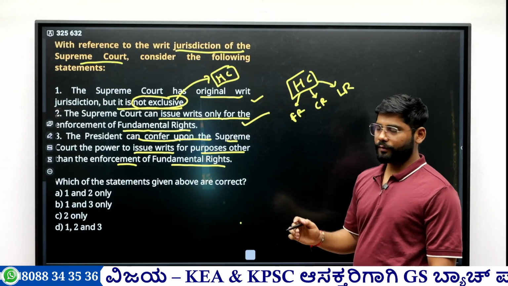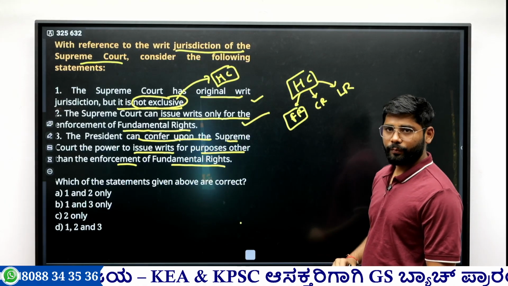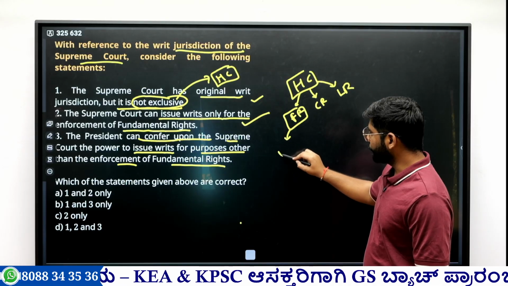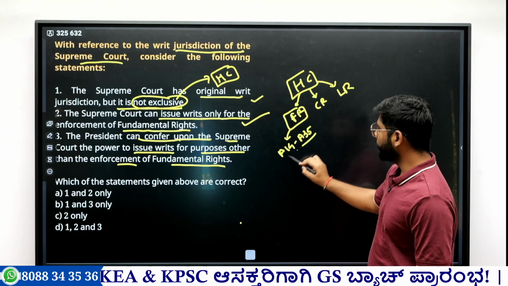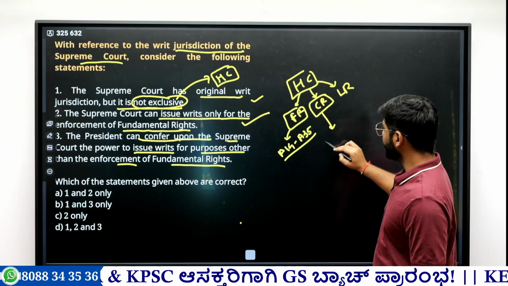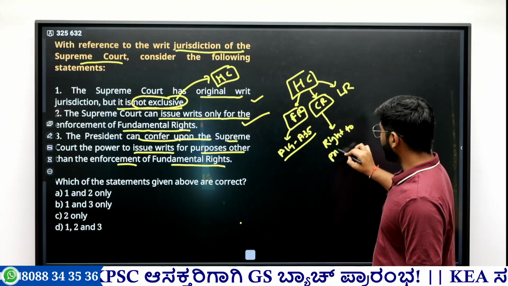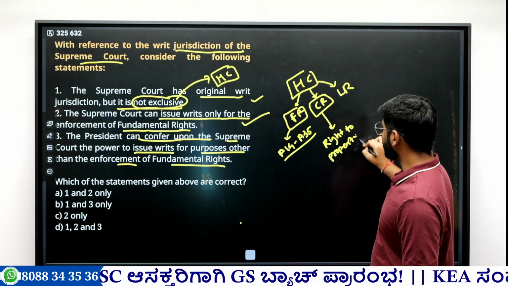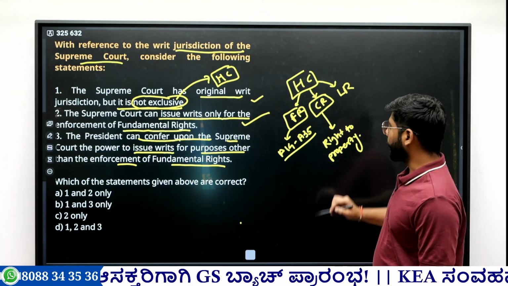Now, just a brief side note: what constitutes fundamental rights? The rights you have got from Article 14 to Article 35, these are all fundamental rights. Then what comes under constitutional rights? One example is the right to property. The right to property is no longer a fundamental right, but it is a constitutional right.